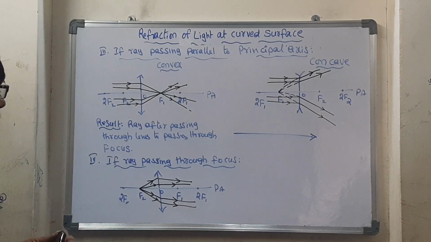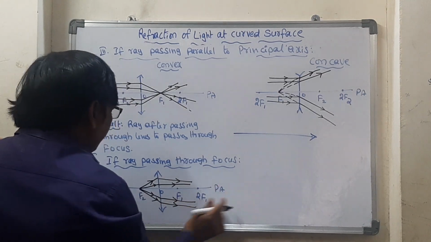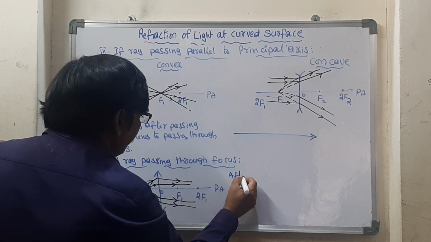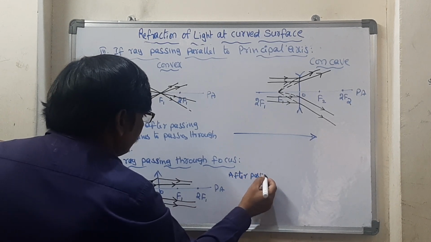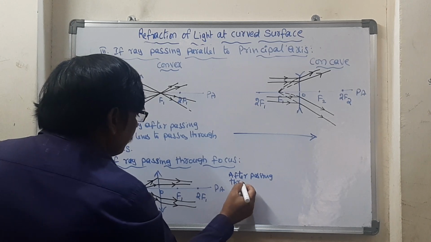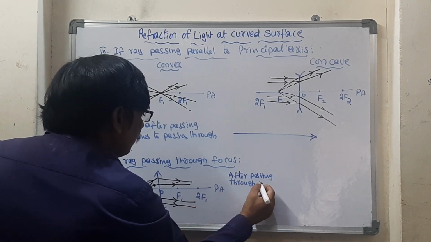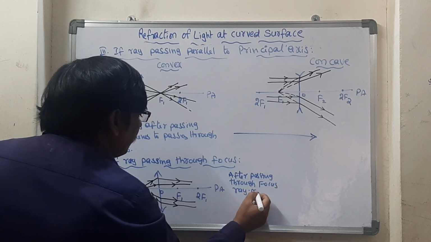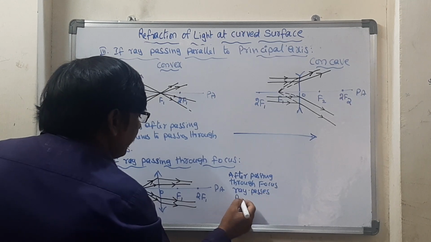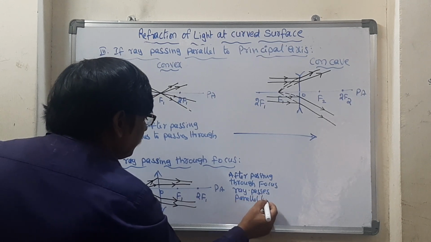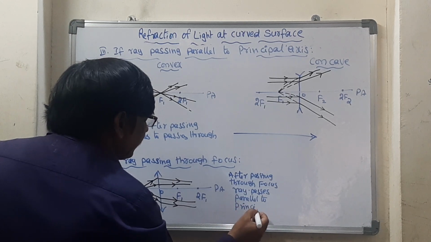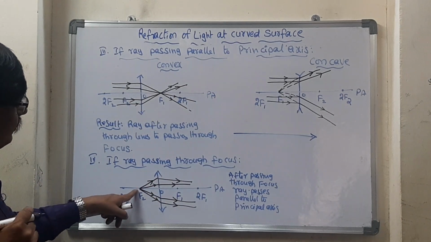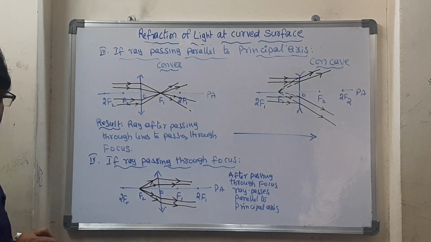Let's write here: the ray after passing through focus passes parallel to the principal axis. Okay, right? So if they are originating from the focus, they will travel parallel to the principal axis.